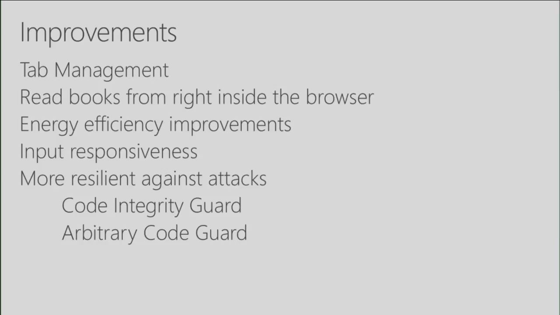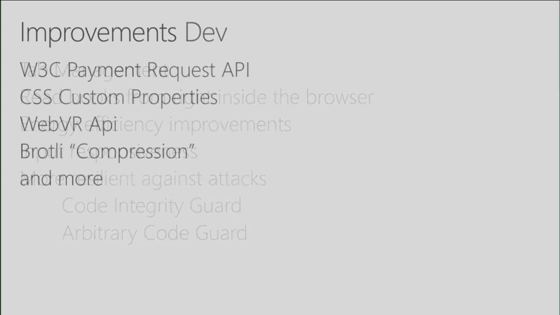So code integrity guard, arbitrary code guard, I'll go into more detail later on about these features. On the dev side, some of the dev improvements, new APIs. In a minute, I'll show you guys some of the new APIs that are available, and also when these APIs were introduced in the different versions.